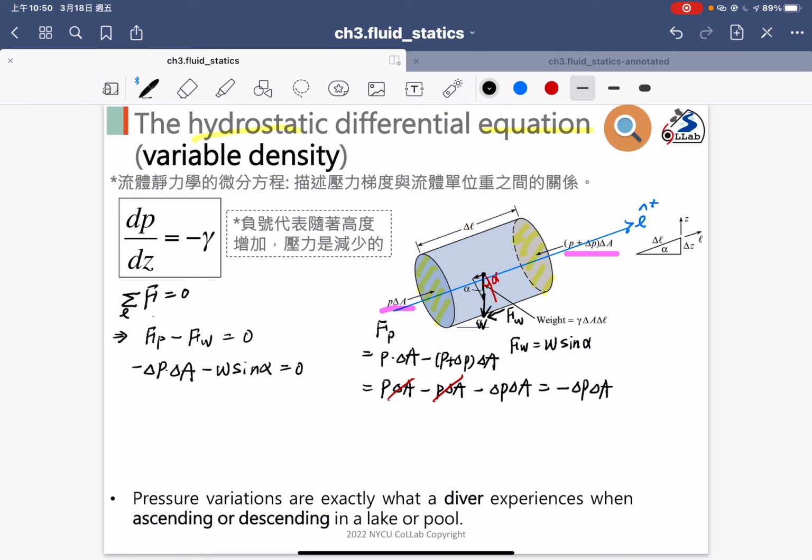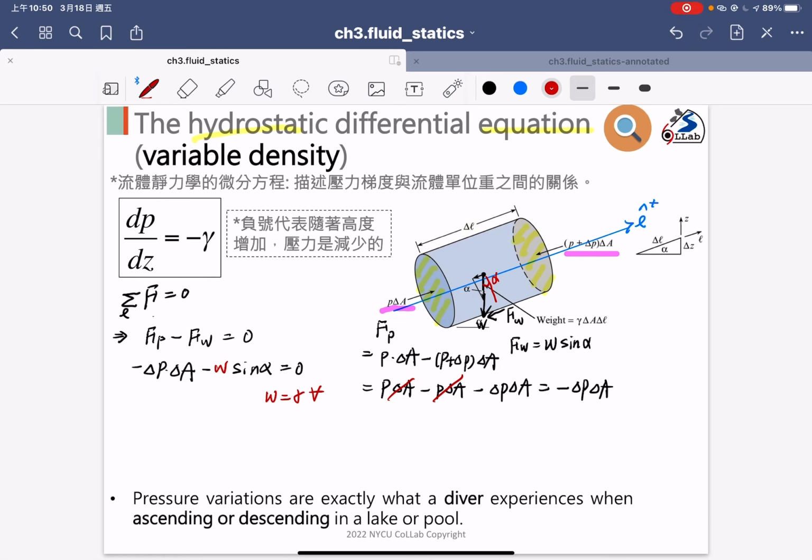So what is the W in here? Okay, what is the W in here? Oh, sorry. So we know that the W is equal to the gamma multiplied by the volume, right?